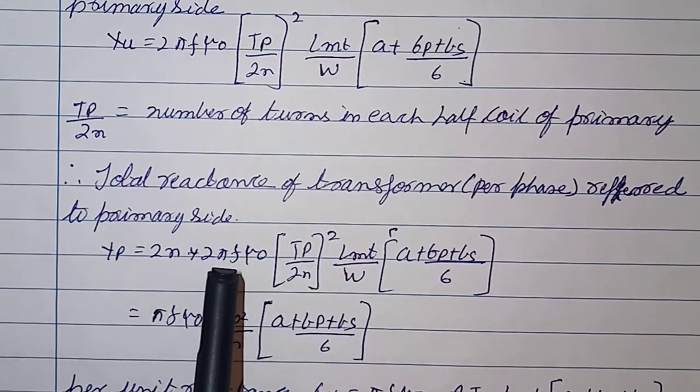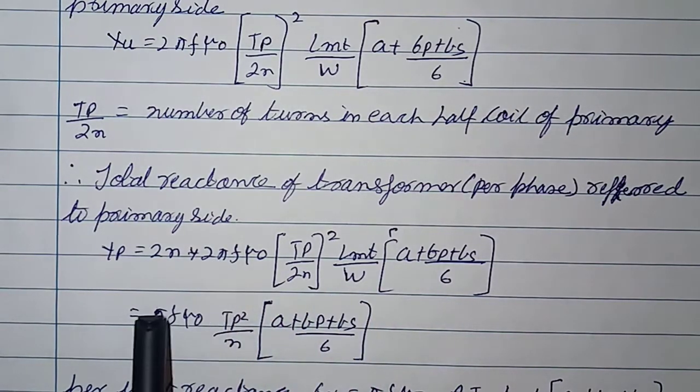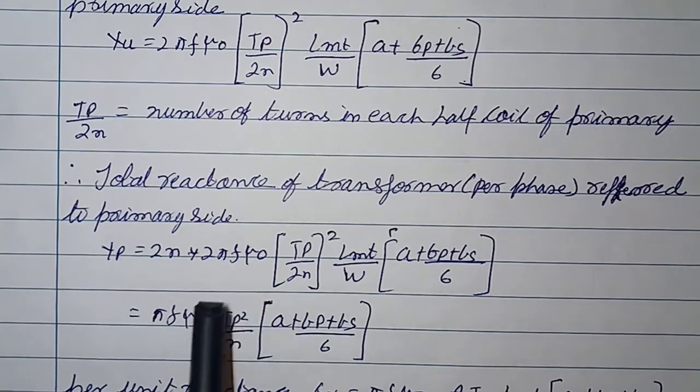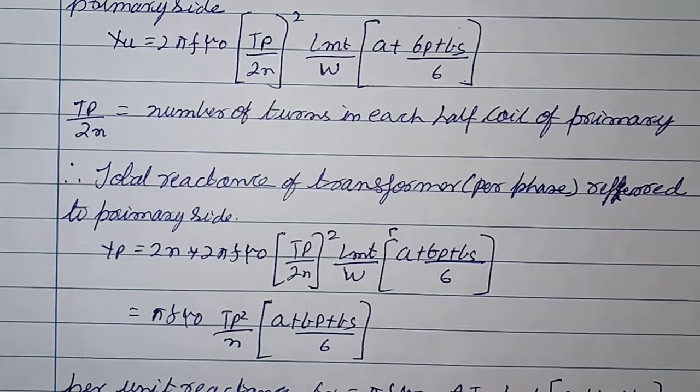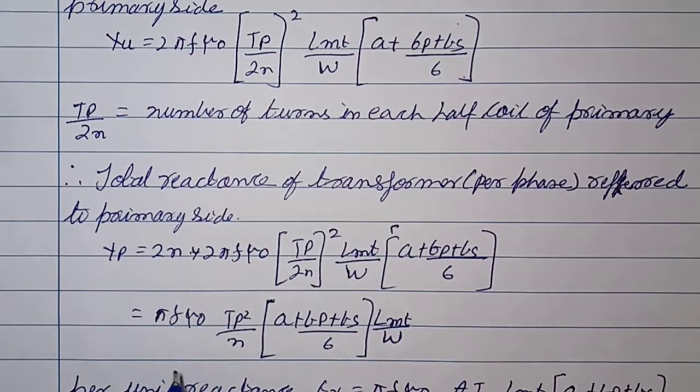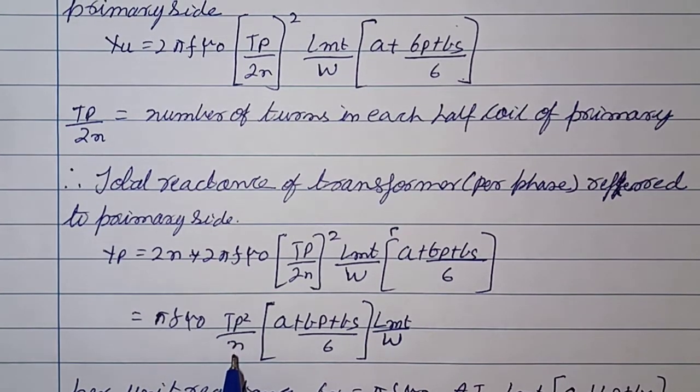Tp square, pi f mu naught as it is, then LMT. So this is the XP that we have: pi f mu naught Tp square by n into A plus BP plus BS by 6, into LMT by W.